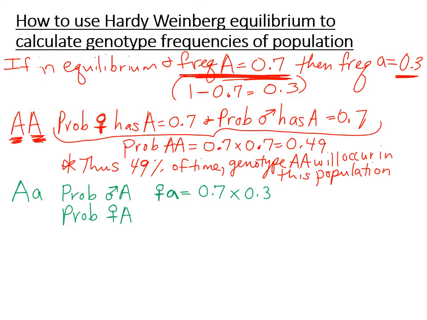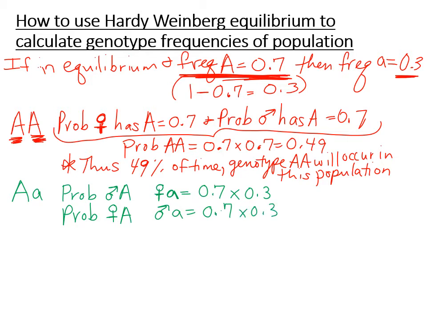So there's a chance of getting dominant allele from mom and getting recessive from dad. So that is 0.3 times 0.7. Or in this case, 0.7 times 0.3 again.